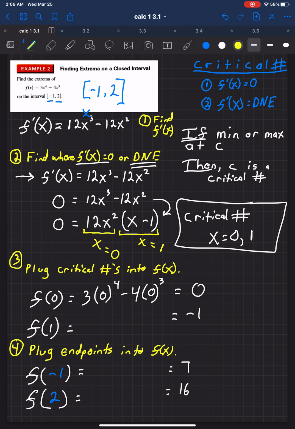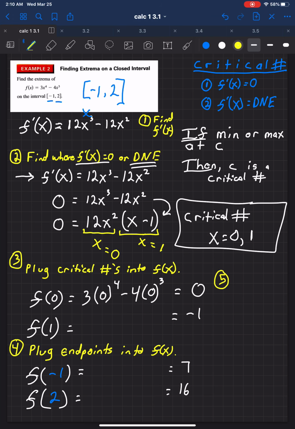Okay. Now, are you ready? Are you listening? Can you put your phone away? Put your controller down for just a second. Come back to me for just a second because we're almost done. This last step is where you're going to figure out your mins and your maxes. So ready?